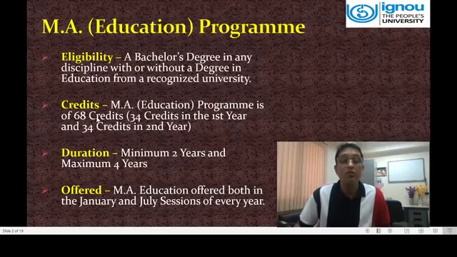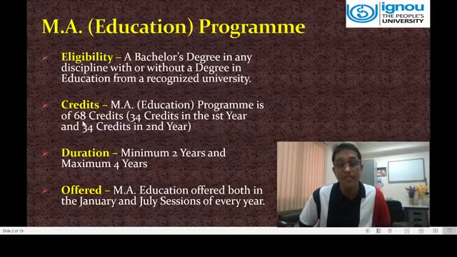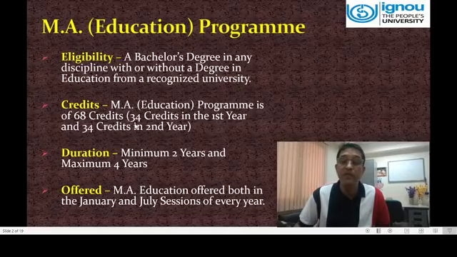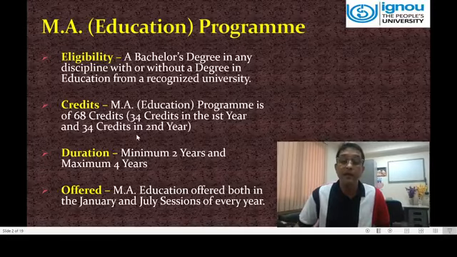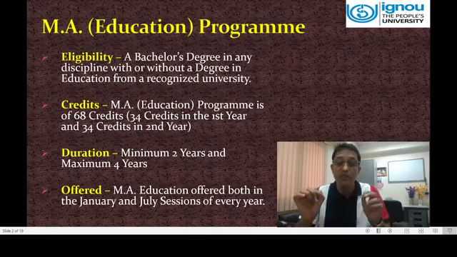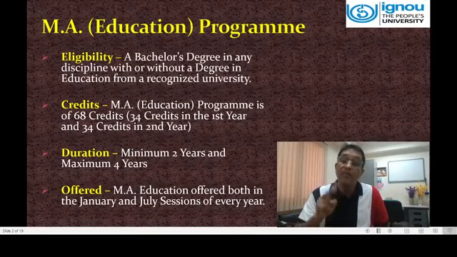Second, the total credit of this program is 68, which is further distributed: 34 credits you have to study in the first year, and another 34 credits in the second year. So far as duration is concerned, the minimum duration is 2 years and the maximum duration is 4 years.